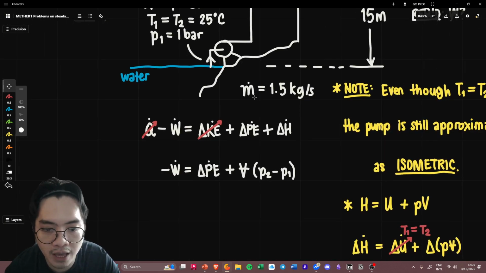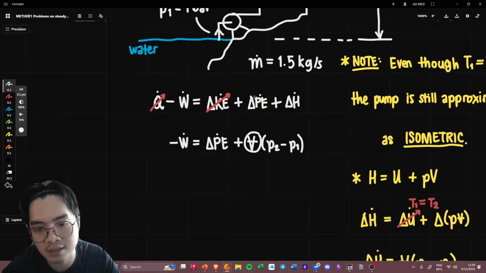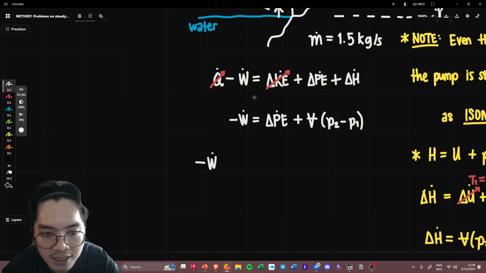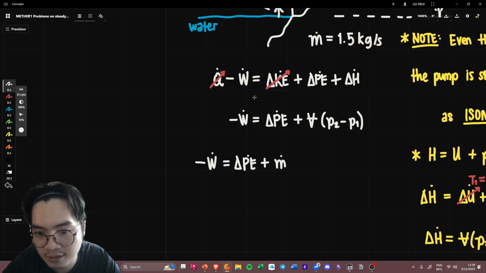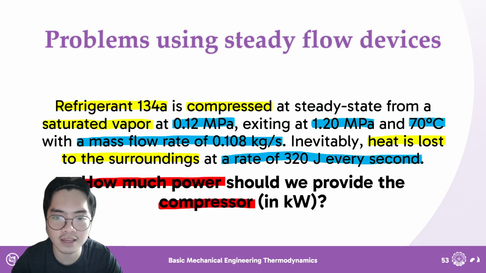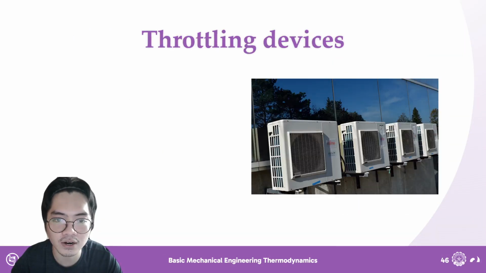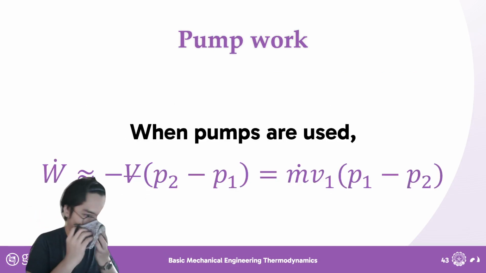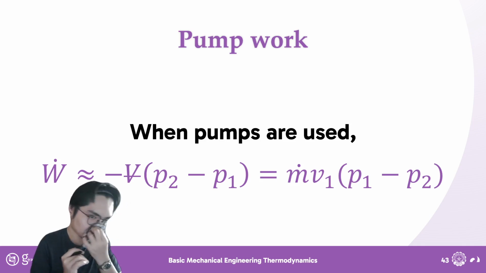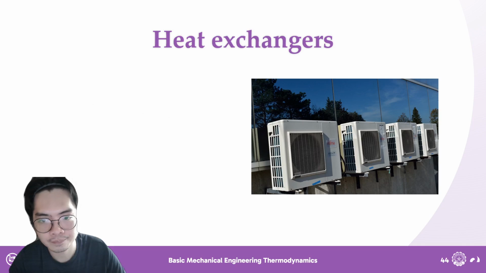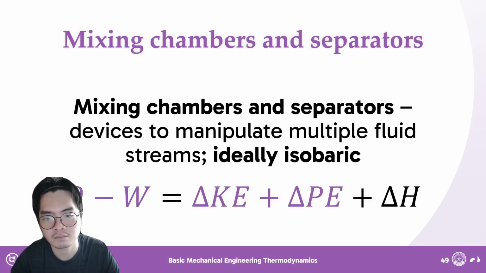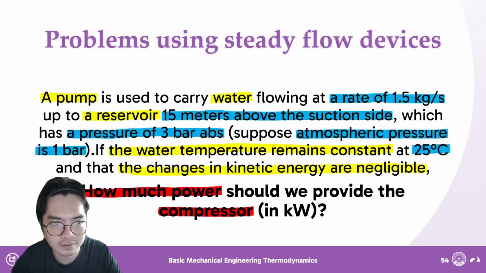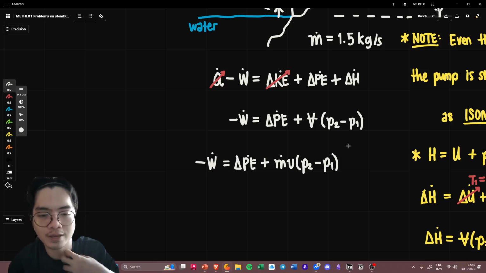And now we can put everything together because this can just be expanded to look like m dot V and then P2 minus P1. This is the same thing that I have said earlier. There you go. And now we have this.